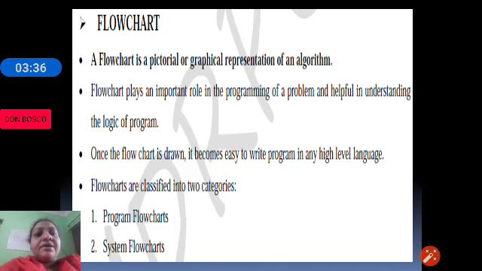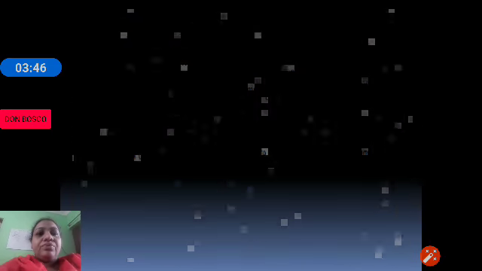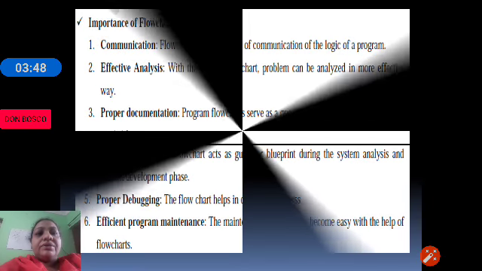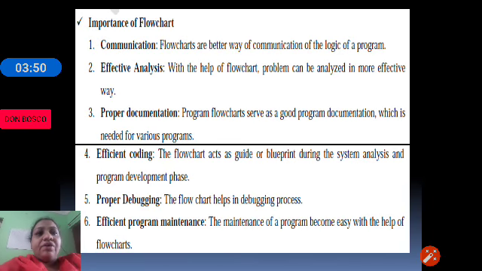Flowcharts are broadly classified into two: program flowcharts and system flowcharts. So let us see the importance or the advantages of a flowchart.